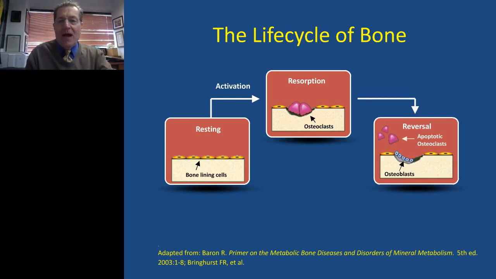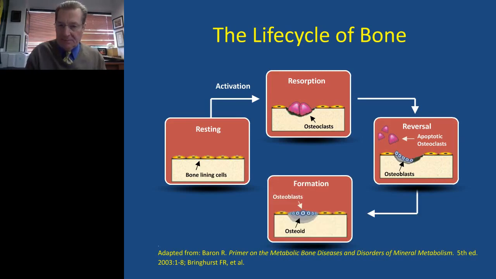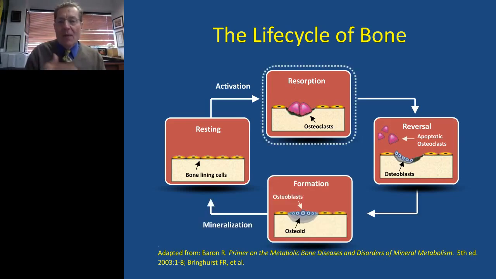And then right behind that come the activated osteoblasts, the cells in bone that make bone, to put down bone matrix and then bone calcium, and replace that amount of bone that's been carved out when bone is in good balance. And so this process of bone remodeling takes about 120 days on average to complete.